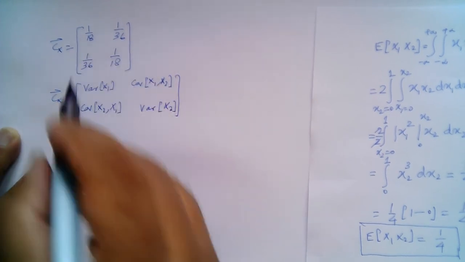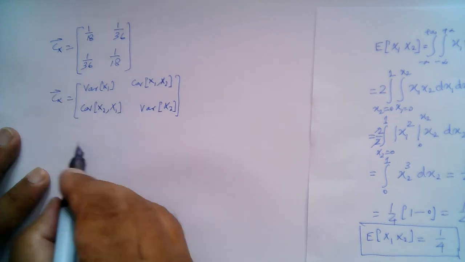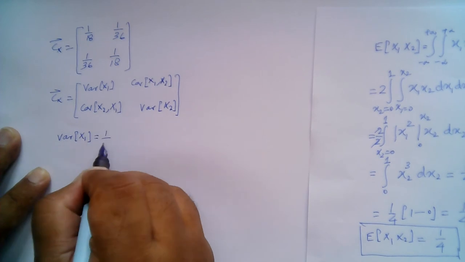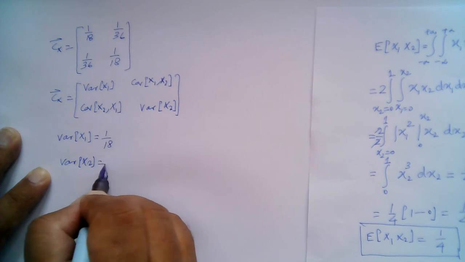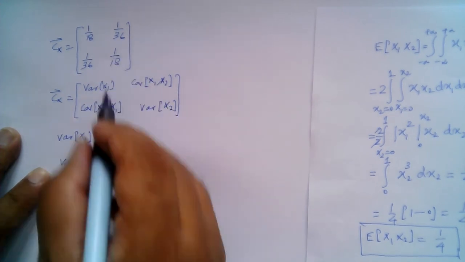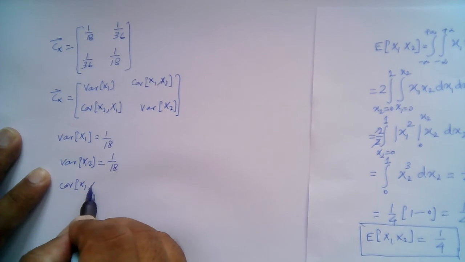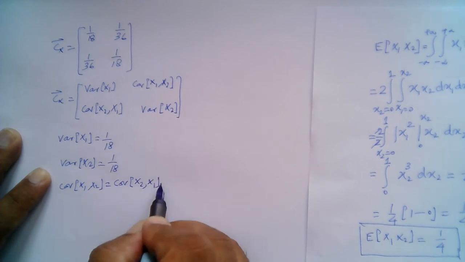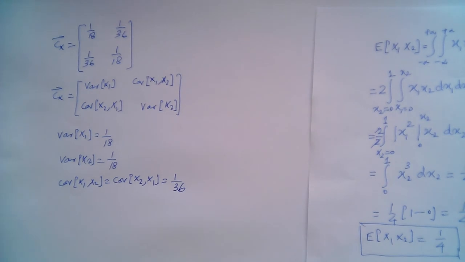So comparing this result with this matrix here, we can see that variance of x1 is 1 over 18, and variance of x2 is also 1 over 18, right? And covariance of x1 comma x2 is equal to covariance of x2 comma x1, which is equal to 1 over 36. So this concludes the solution to this problem.